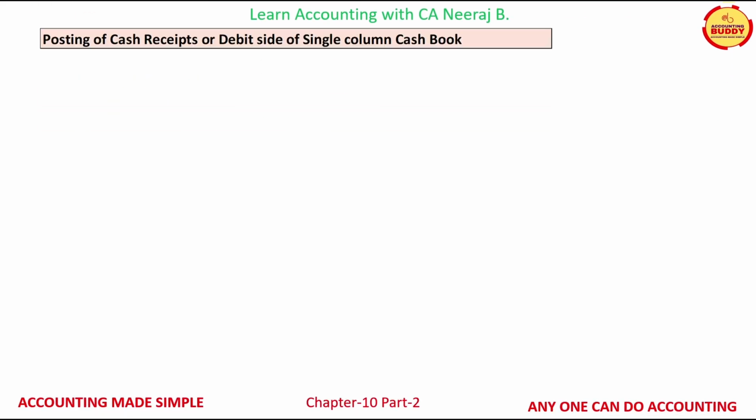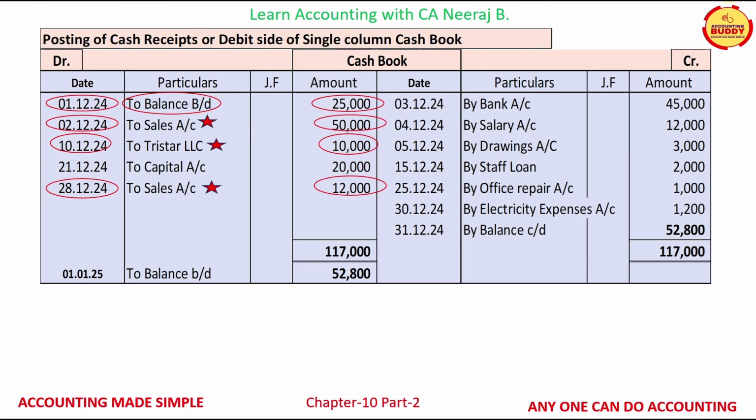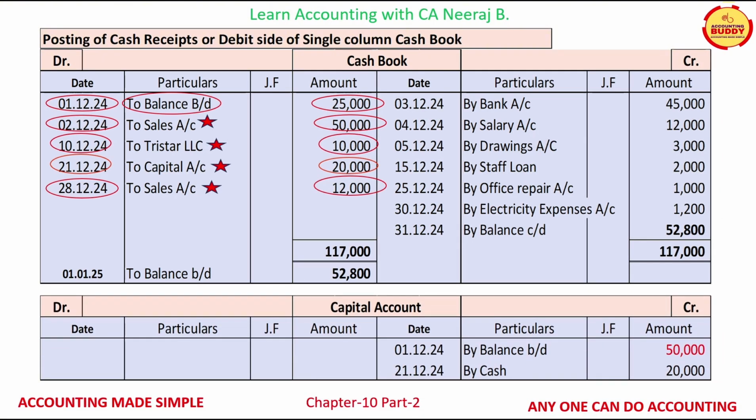Let us continue with the posting of other transactions. Red circle transactions we have already discussed. The business owner introduced further capital of $20,000 on 21st of December. The capital account of the business will look like as appearing on your screens.